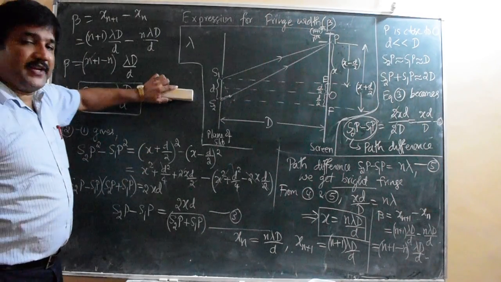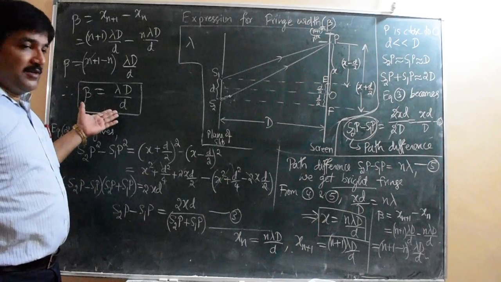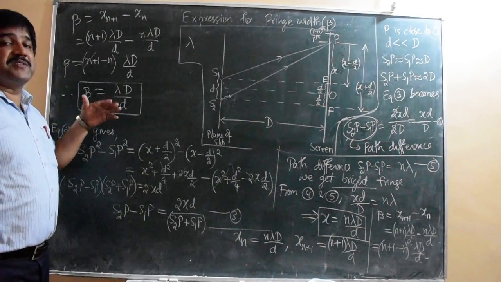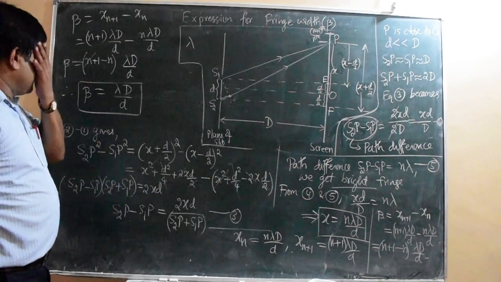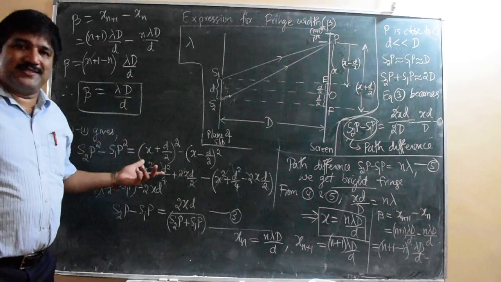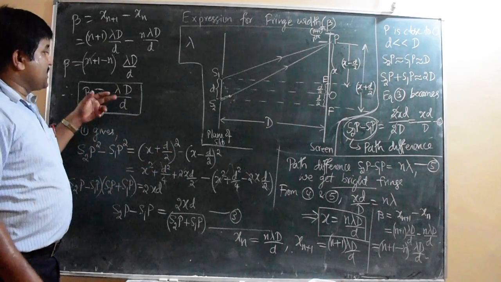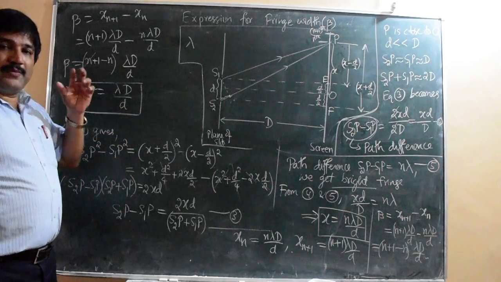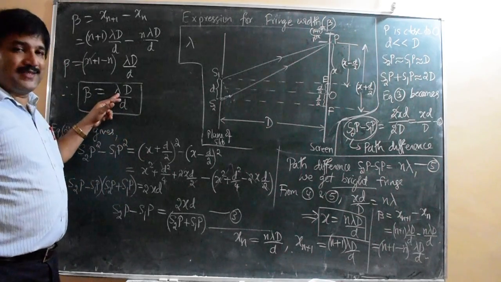So what conclusions can we draw from this expression? Fringe width is directly proportional to wavelength. If you use longer wavelength light, like red light, or orange, yellow light, fringes will be broader. And if you use violet or indigo light, fringes will be narrower, because the wavelength is less.